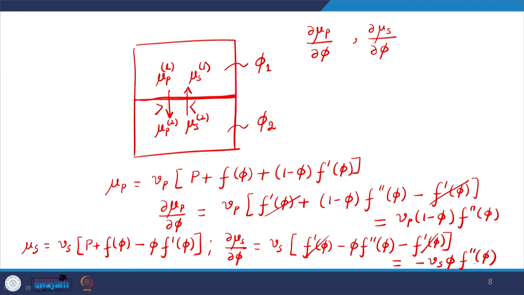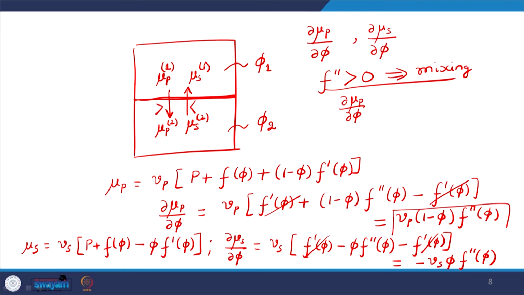Now, we will look at the scenarios that we had obtained earlier. I said when f'' is greater than 0, then we have a tendency of mixing. What does it translate to in terms of ∂μp/∂φ and ∂μs/∂φ? It means that ∂μp/∂φ, this particular term, is also going to be positive because φ is a number between 0 and 1 and Vp is a positive number.